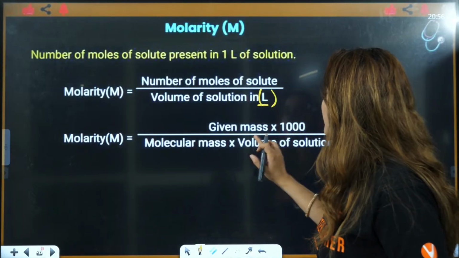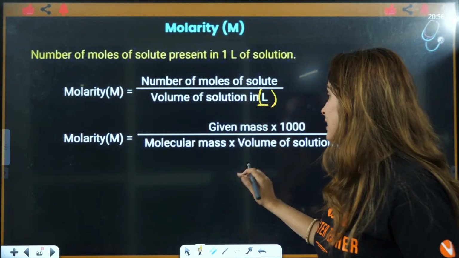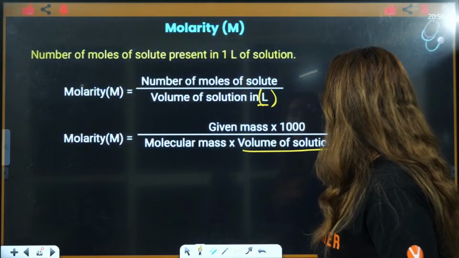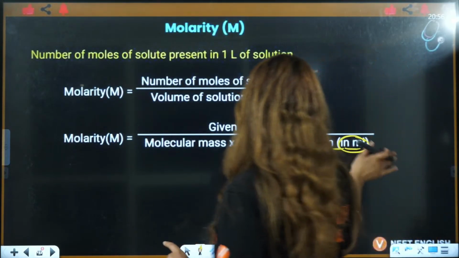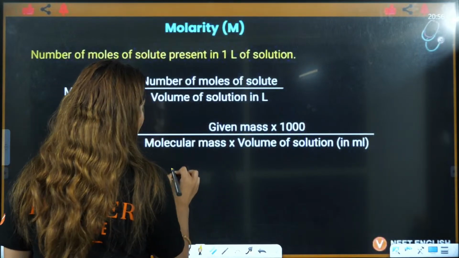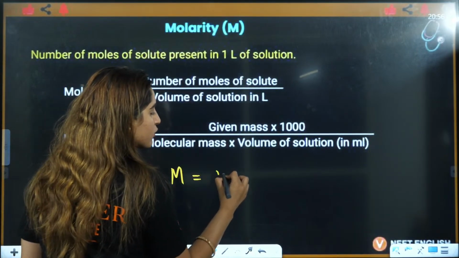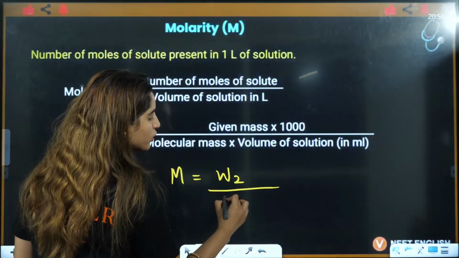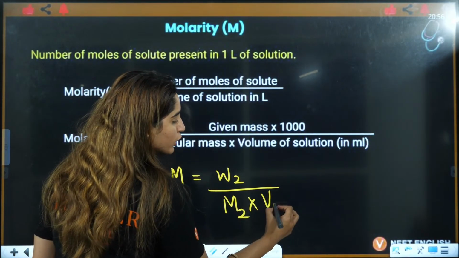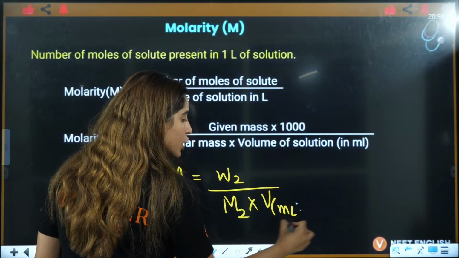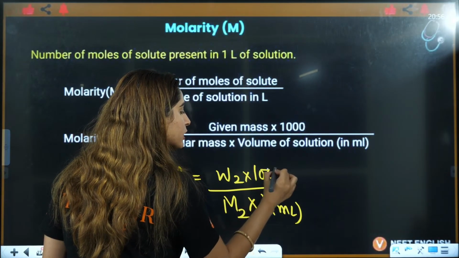If you are taking this in milliliter, then you have to multiply it by 1000. So molarity is equal to number of moles, that is weight of solute by molar mass of solute, divided by volume. If this is in milliliter, you'll have to multiply it by 1000.